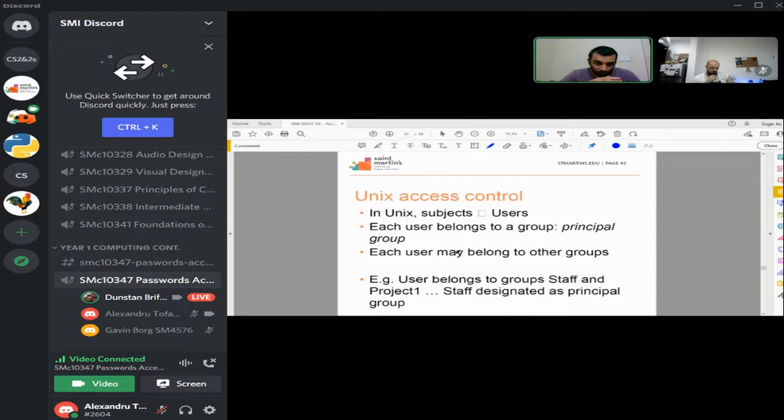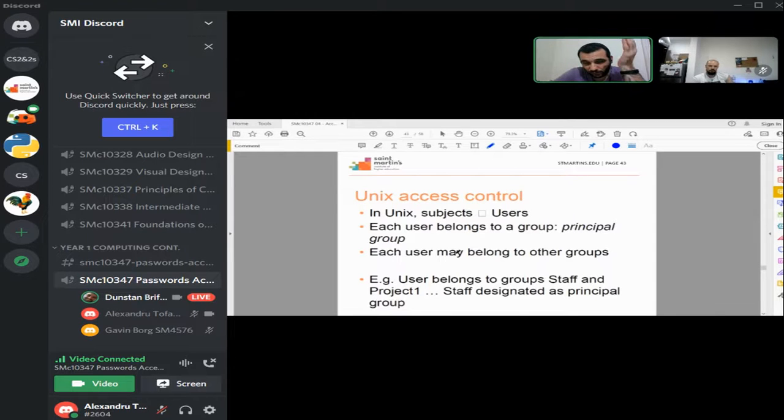Now, moving a little bit closer to home and talking specifically about access control, in Unix we find the idea, which is very dominant, of subjects and objects. So users are all classified as being subjects.